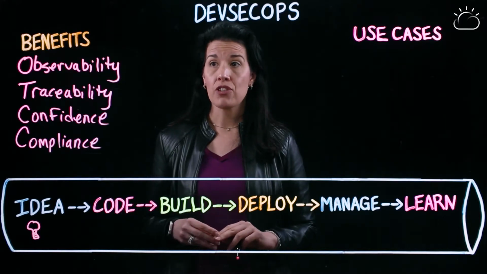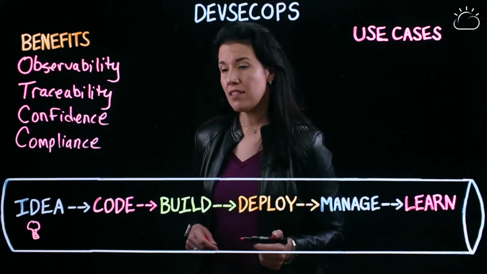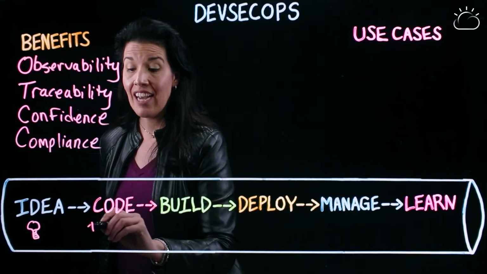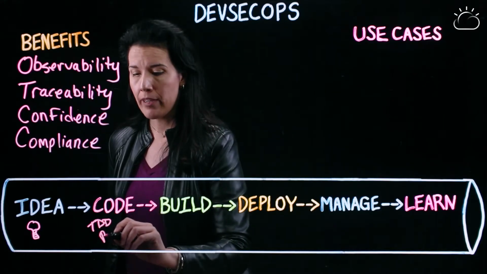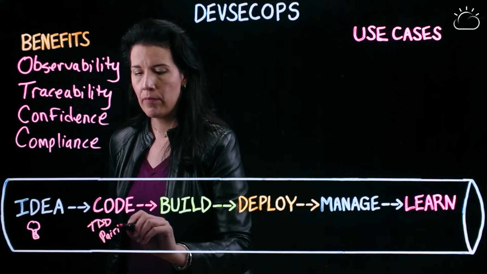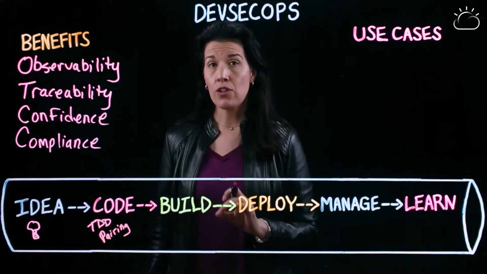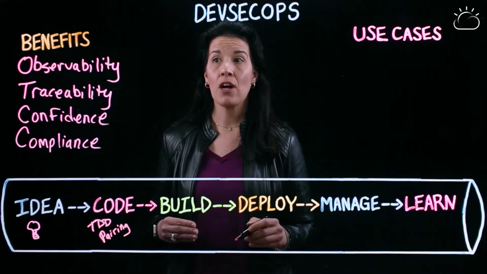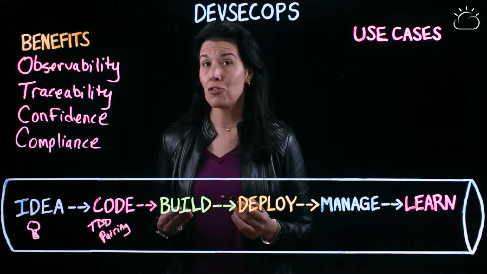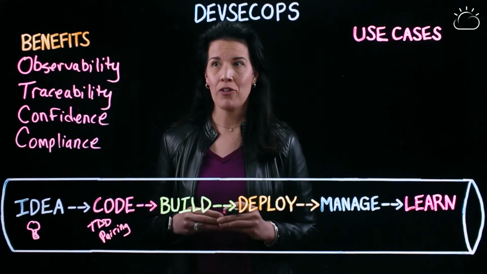Additional security features are going to be piped in over here in the code phase. These involve things like test-driven development, pair programming. These are specific activities and new ways of working that mitigate the risk of someone introducing a bug or a defect at the coding level.